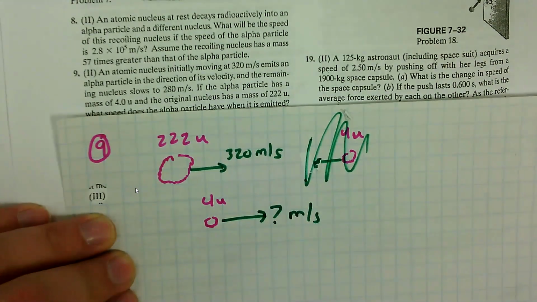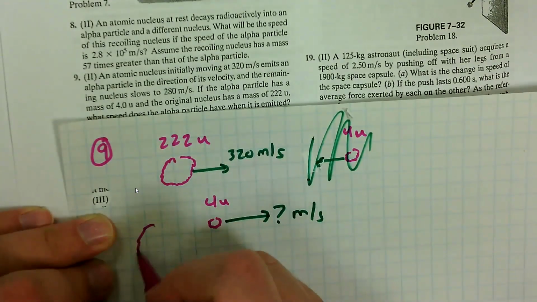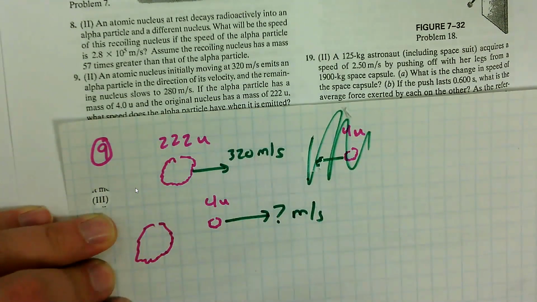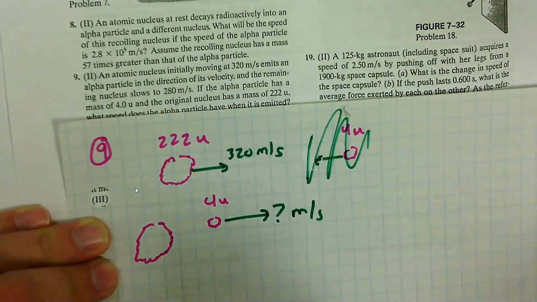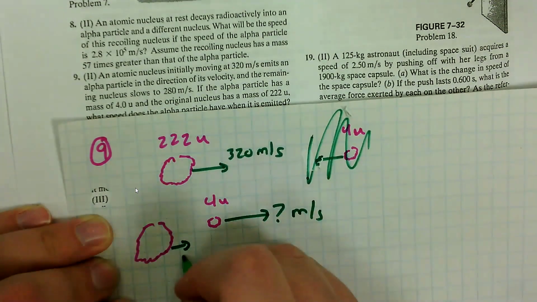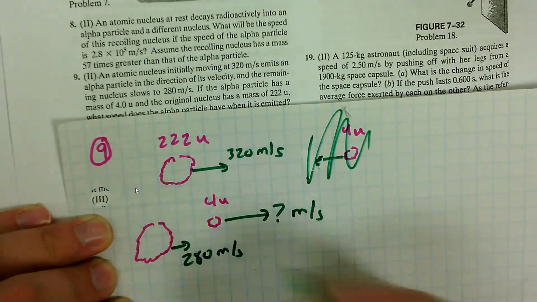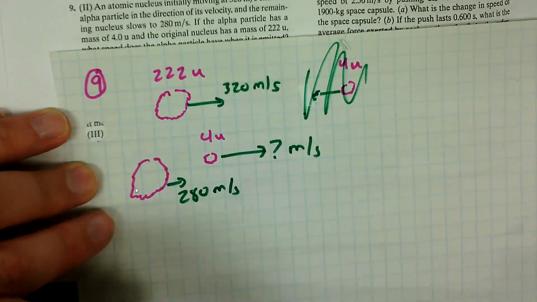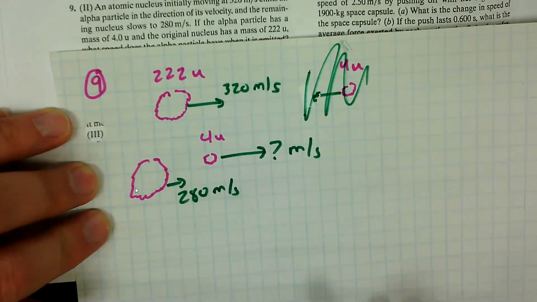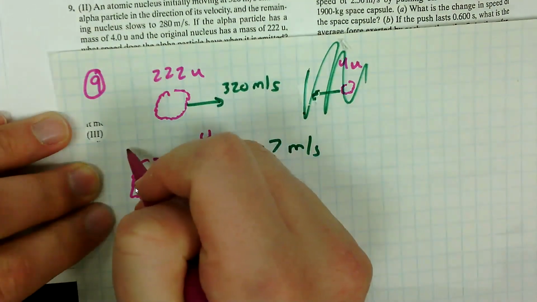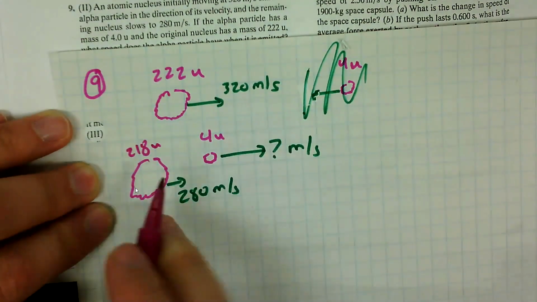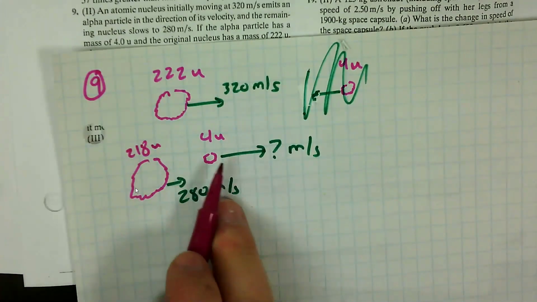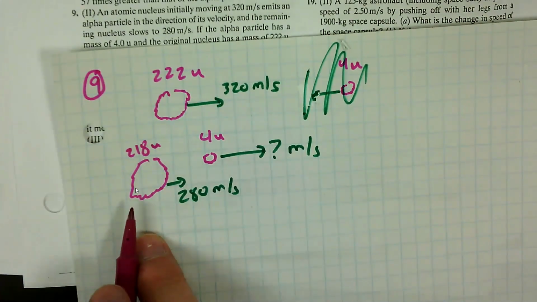And now this thing is only going 280 meters per second. Now here's the key. What's the mass of that thing? Yeah, 218. This is the key to this: if the alpha particle breaks off, it's not on there anymore.